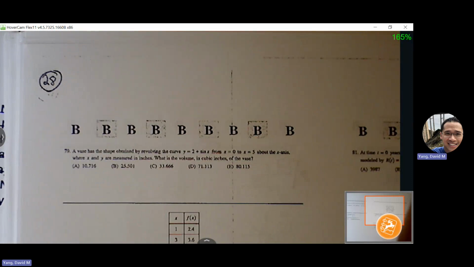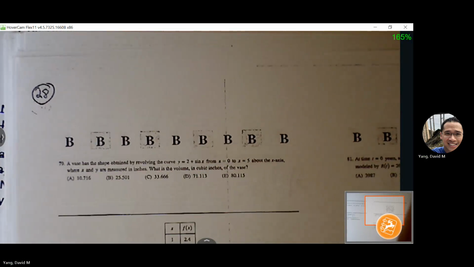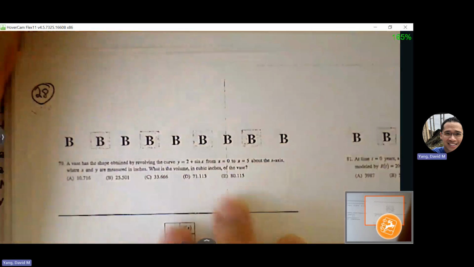Okay, 79. This is an example of a volume problem. A vase has a shape obtained by revolving the curve y equals 2 plus sine of x from 0 to 5 about the x-axis. What's the volume as we rotate about the x-axis?